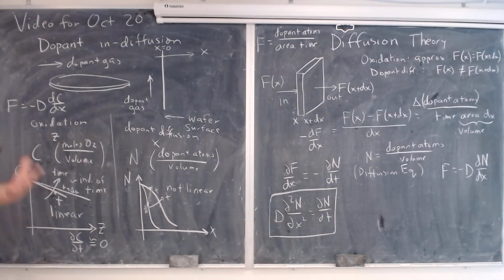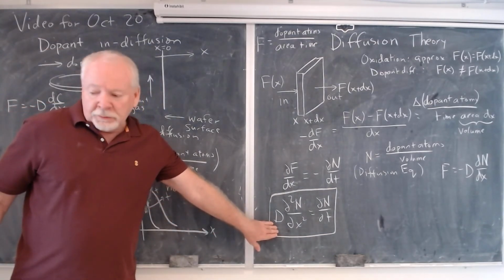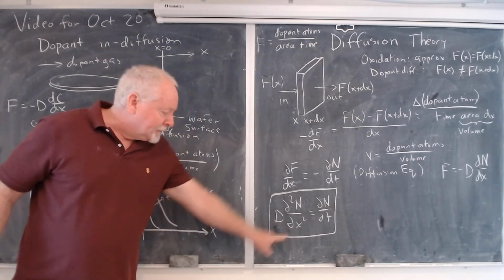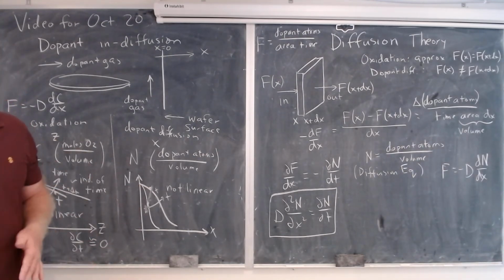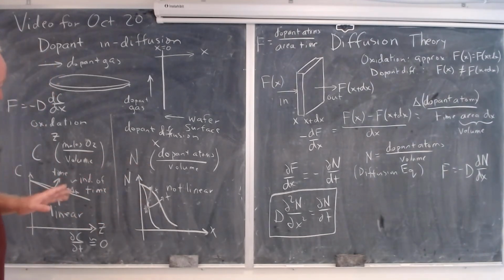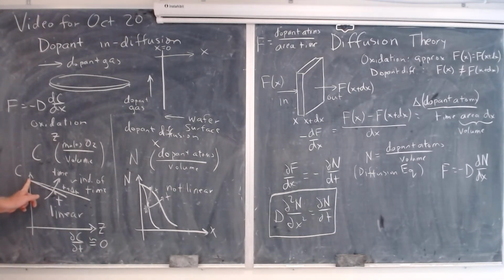So I just wanted to point out that we could have used this for oxidation. Of course, we would put C there and Z. But we didn't, and I essentially didn't even introduce it to you. I just sort of said, I'm not going to explain why, but it's a straight line. Straight lines are always nice. The concentration is higher at the surface and goes down as it goes into the wafer, and a straight line is the simplest way to draw that.